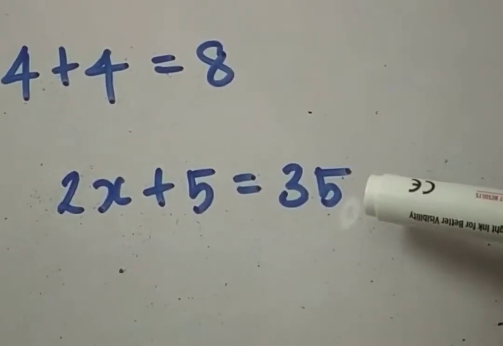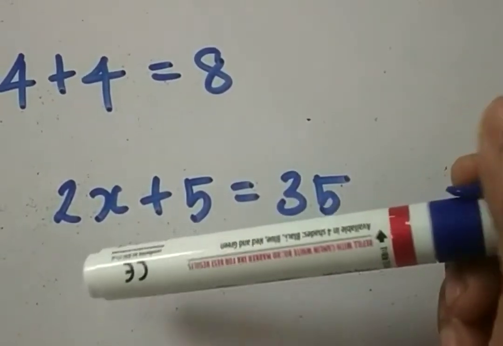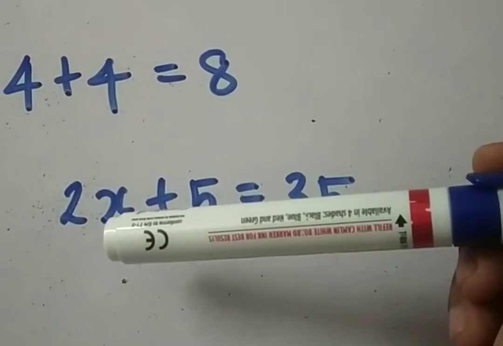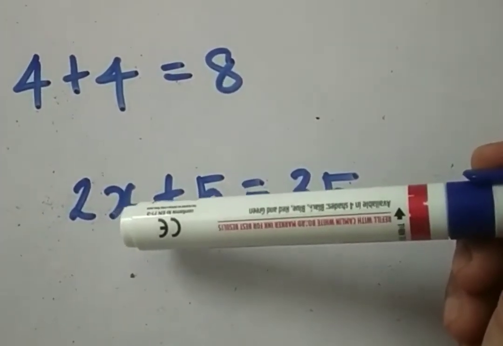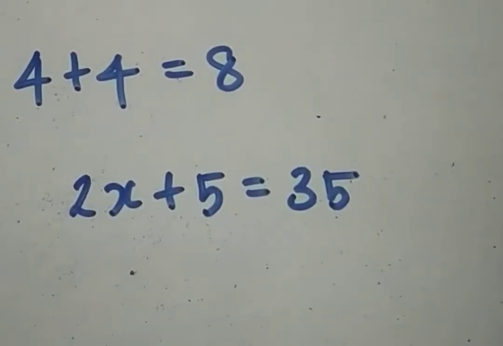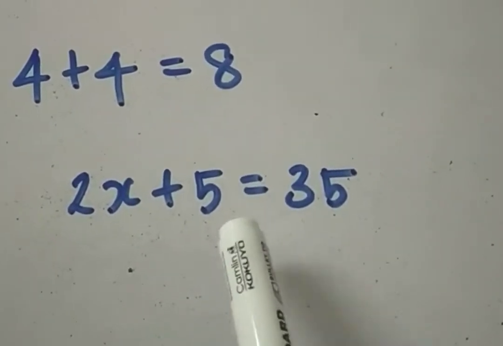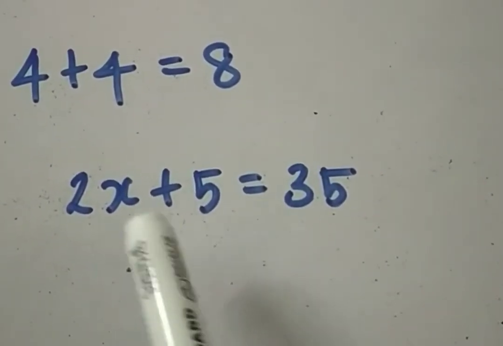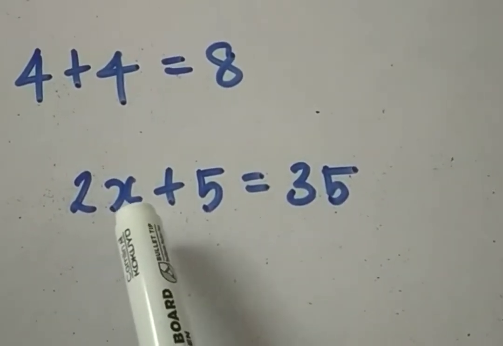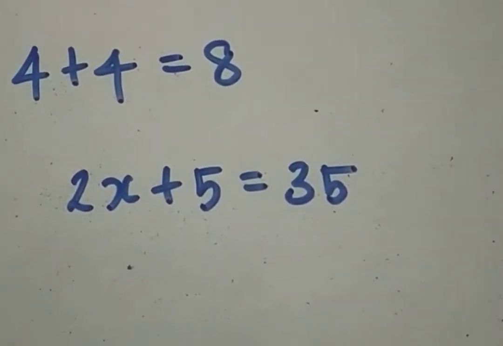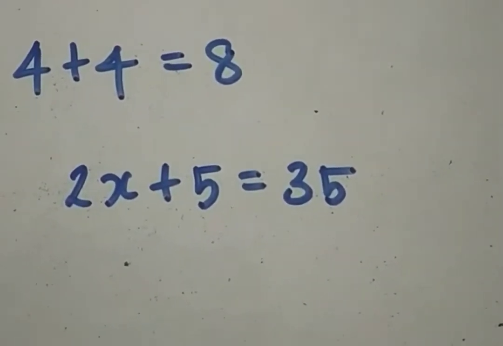Consider the same linear equation. 2x plus 5 is equal to 35. Here we have a variable, right? The variable is x. Actually the variable we use to denote an unknown quantity. We don't know what is the exact value of x here in this equation, but we can find out the value of x from this equation. The process of finding the value of the variable in an equation, we will call it solving of an algebraic equation or solving a linear equation.